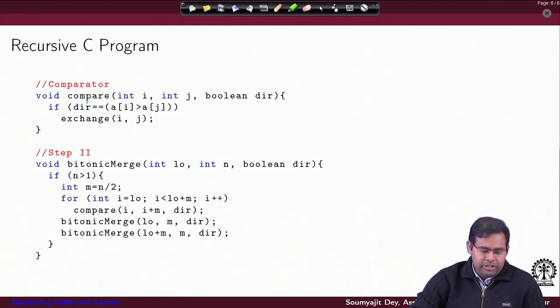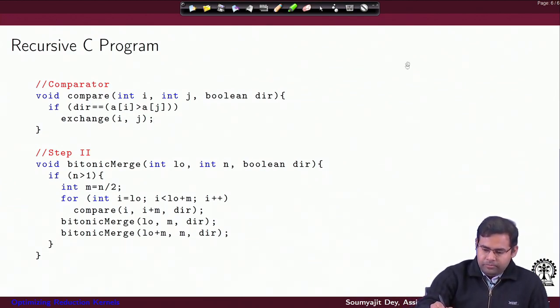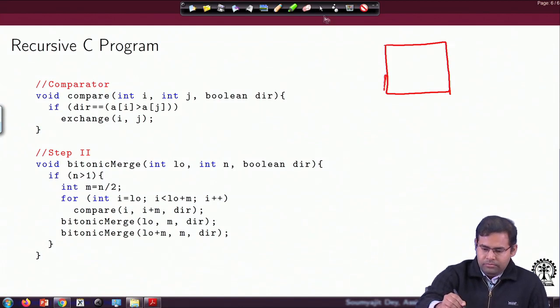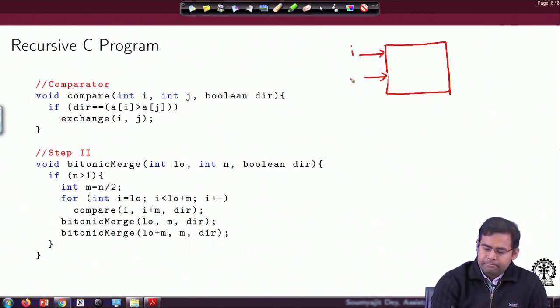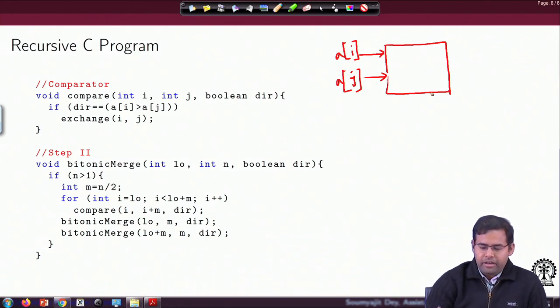So, if the direction value is 1, ai is greater than aj, so you are giving ai and aj as input and you are doing the comparison.